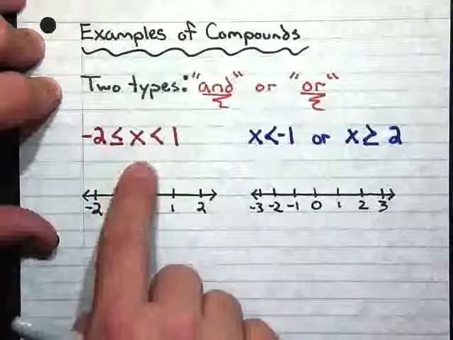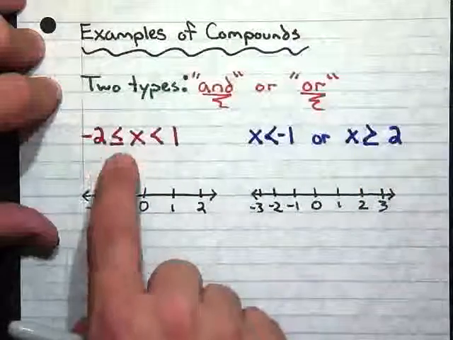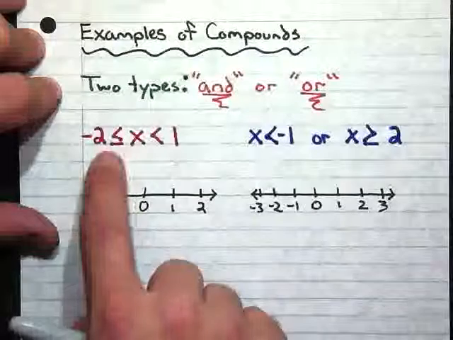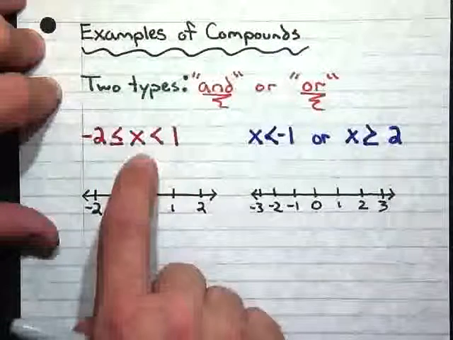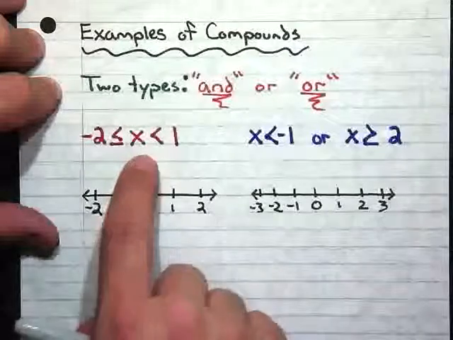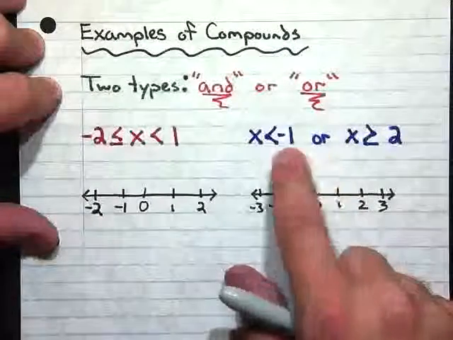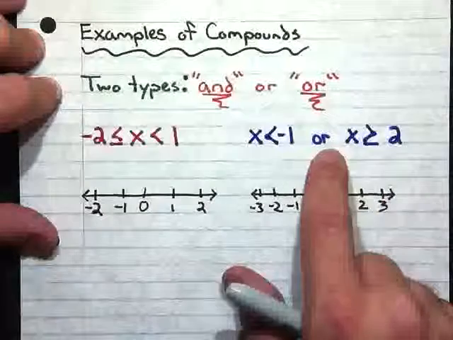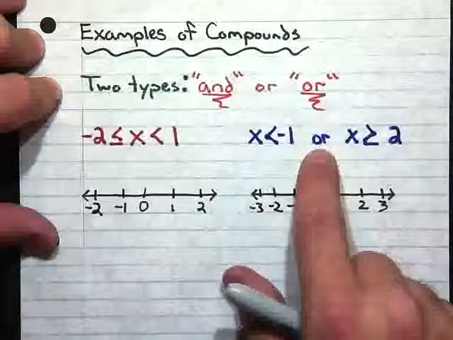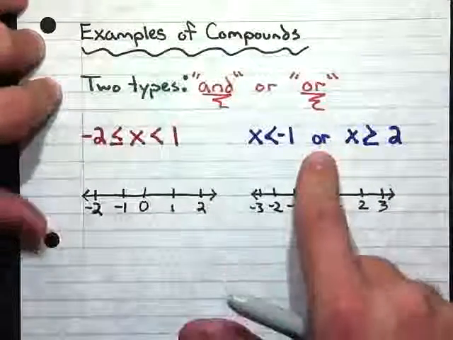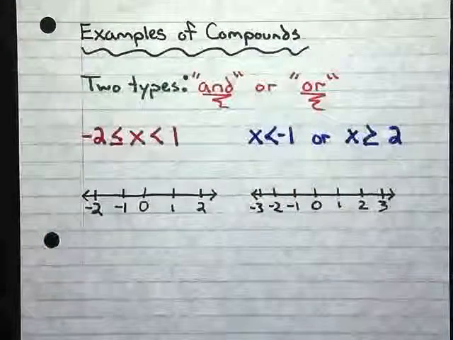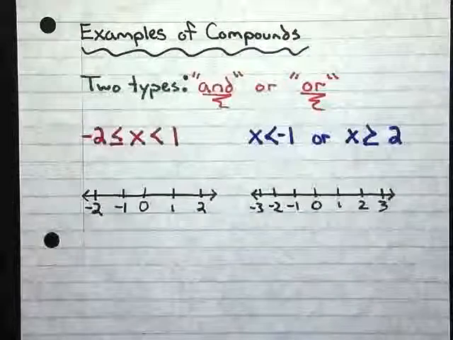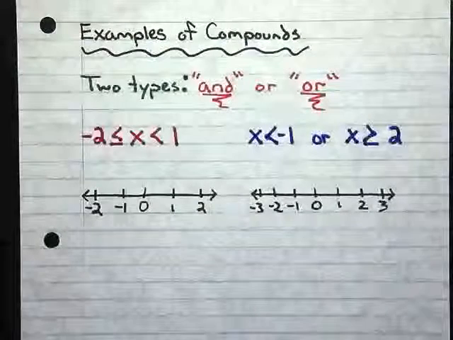You can see here on the left that we have basically three parts to our inequality, and this is what we call an and compound inequality. The one on the right, we have two inequalities, but they're separated by the term or, and this is an or compound inequality. The graphs of these two inequalities differ from each other, so let's take a look at what the graphs would look like.